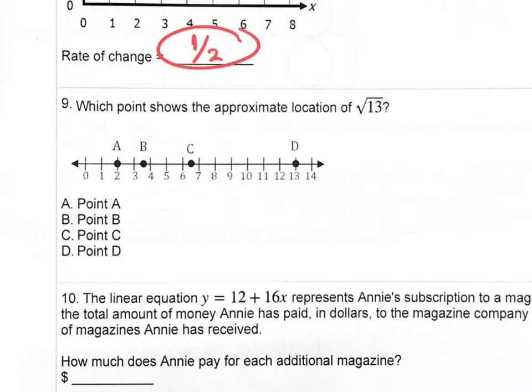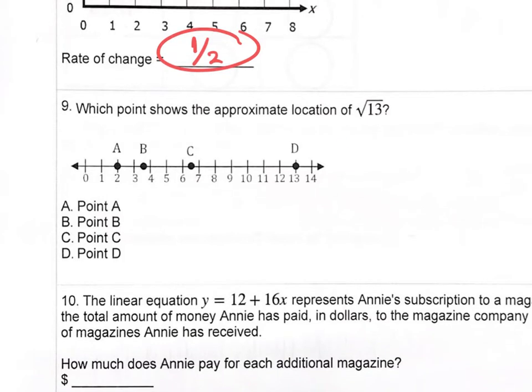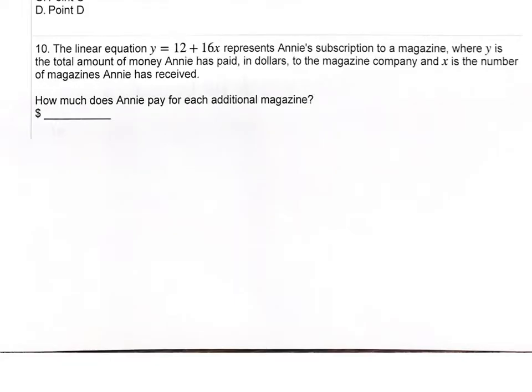Number 9, which shows the approximate location of square root of 13. So we go to our calculator and type square root of 13, and we get 3.6 something. Well, 3.6 is between 3 and 4. That'd be right here, point B. Number 10 will not be tested, but it gives you an equation, y equals 12 plus 16x.